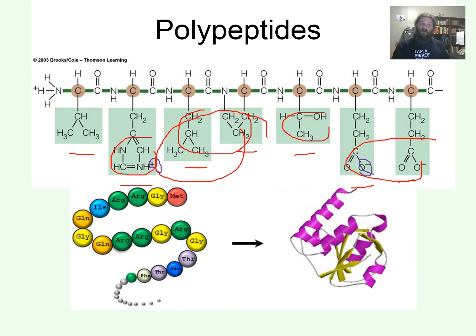And so, once again, when we put this in water, not only are these going to orient themselves out towards the water, and these guys here inside towards themselves, to get next to the other hydrophobics, there's going to be an attraction formed between these two, an electrostatic interaction that's going to bend that chain of amino acids into weird contortions and shapes. And so we end up with helixes like we see in this region here, and other kind of, you don't get a chain necessarily, you get kind of a blob in a lot of cases.